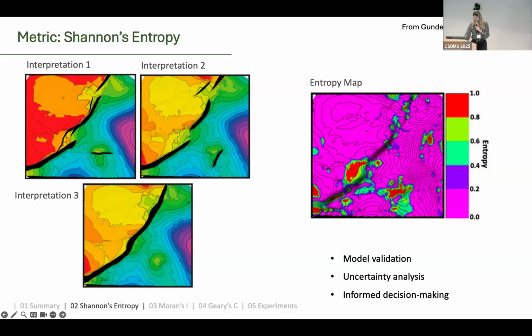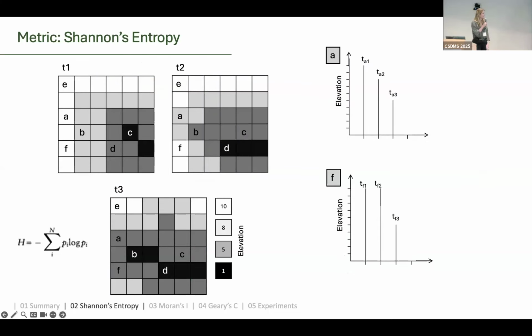Oh, it was this one. Here we have these 3 time steps. It's a schematic way of showing what's going on. Here we have, for example, an erosional process, and we're going to pay attention to the cells A and F. It's good to explain what's going on.